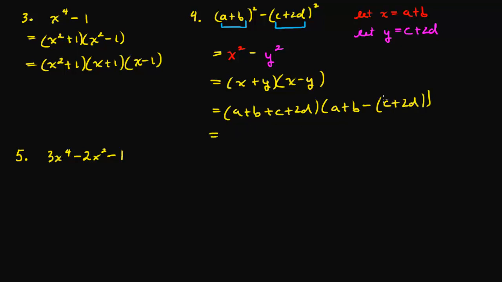Now I can simplify, distributing the negative into c plus 2d, and I get a plus b plus c plus 2d times a plus b minus c minus 2d. This just looks a little bit nicer than it did before. So that's completely factored.